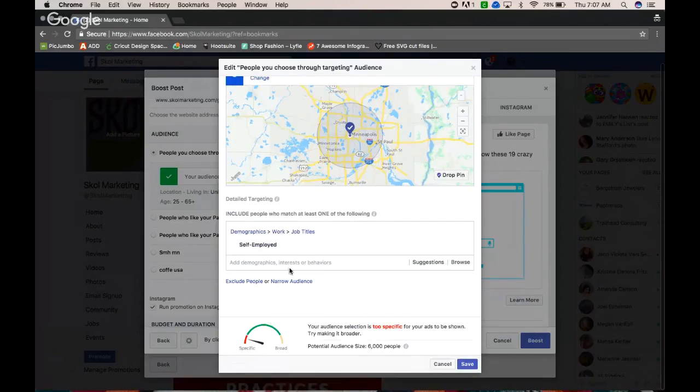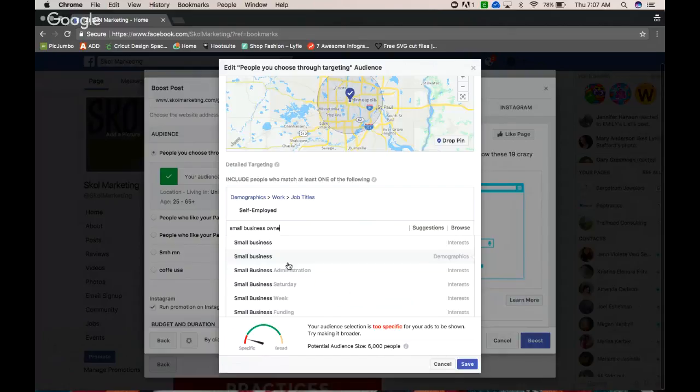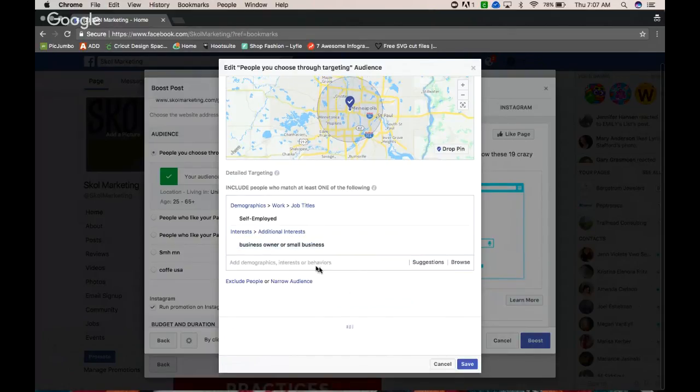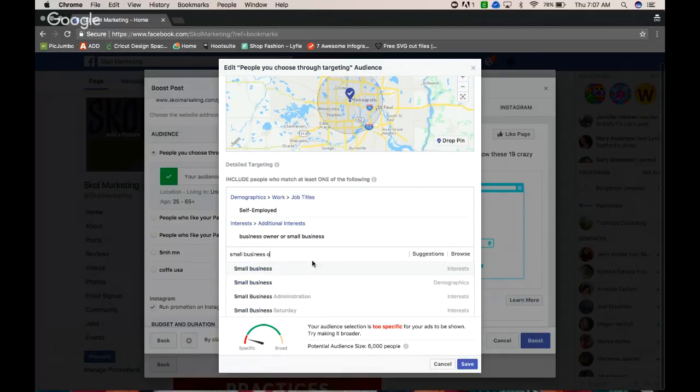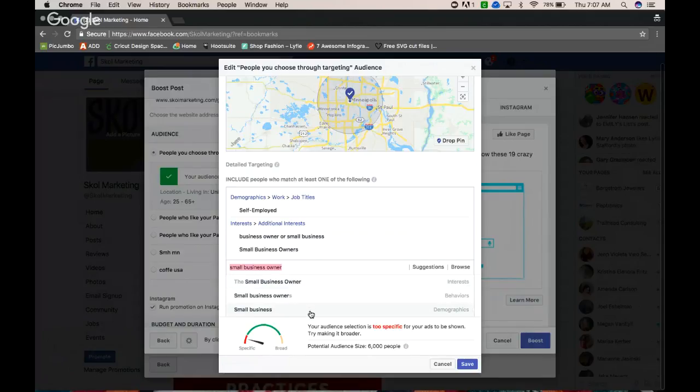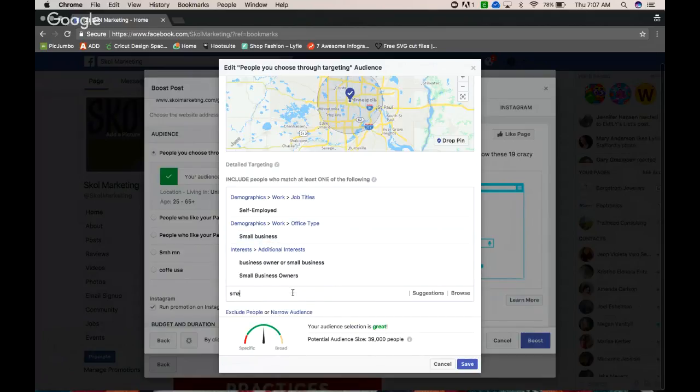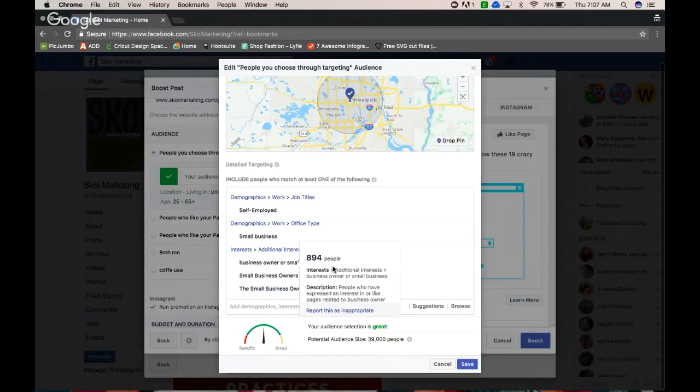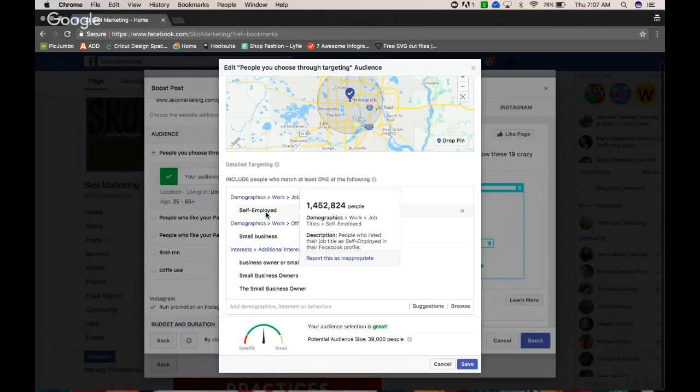I'm just going to add a bunch of people because what I want to show you is when you highlight over them, you can see the different breakdown of them.